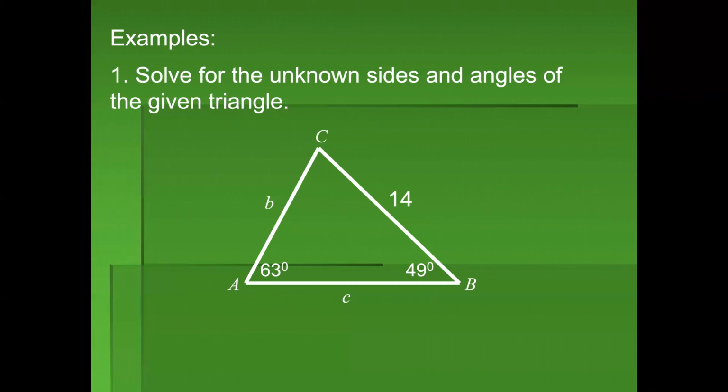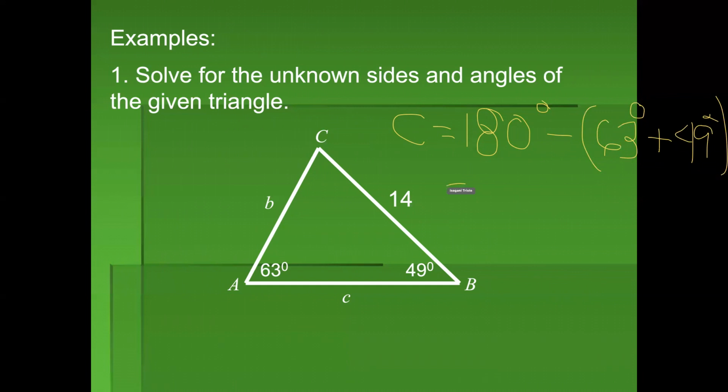So our solution will be like this. C equals 180 degrees minus the sum of A and B, which are 63 and 49. Solving for that, we'll get 68 degrees.